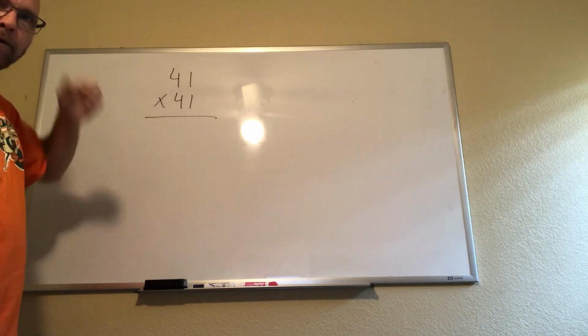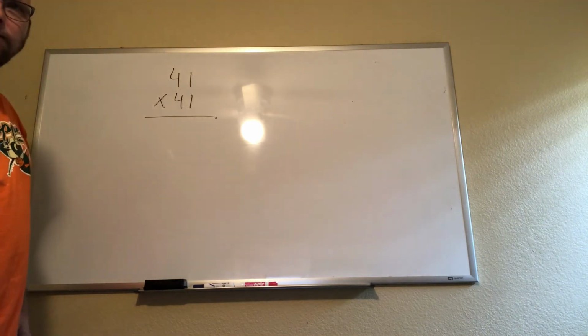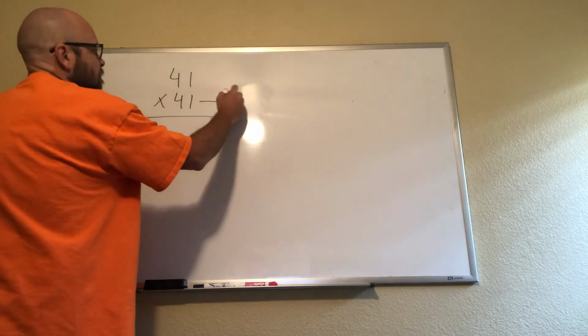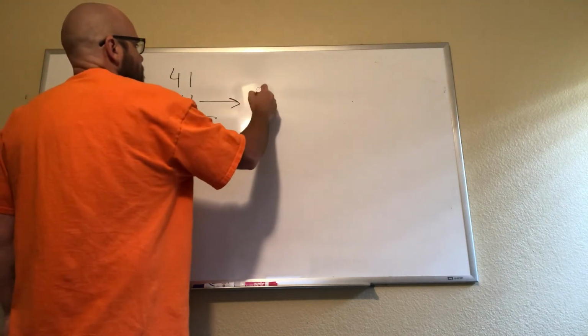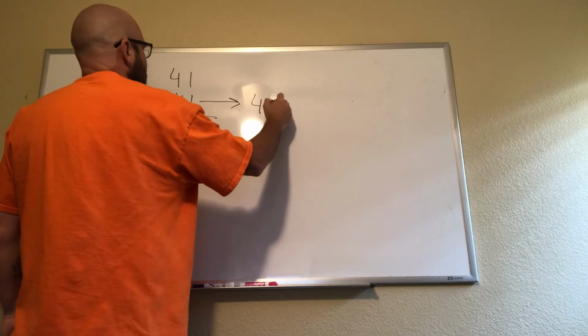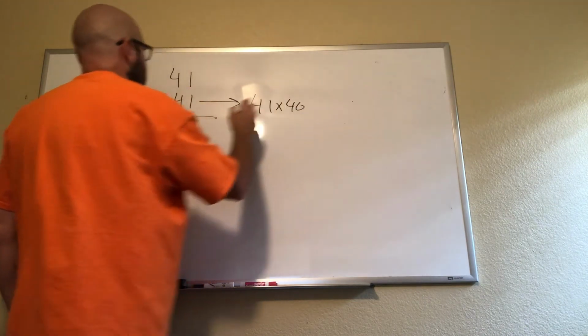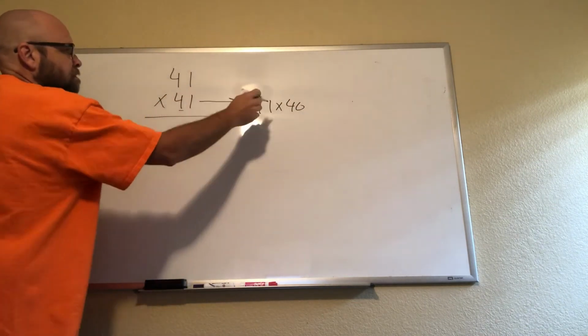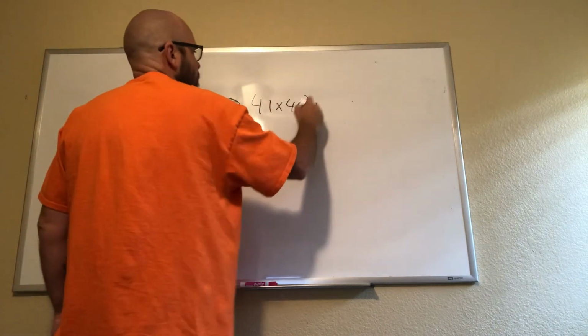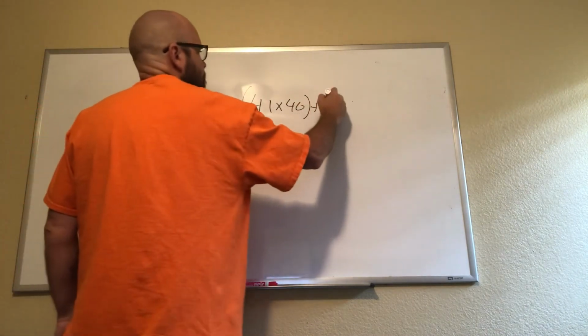And again, I can break this into expanded form. I can change this one, so I have 41 times 40, because I made this 4 tens equals 40, plus 41 times 4.